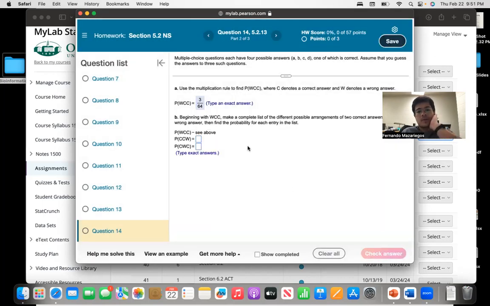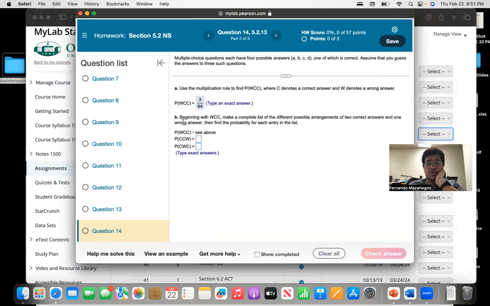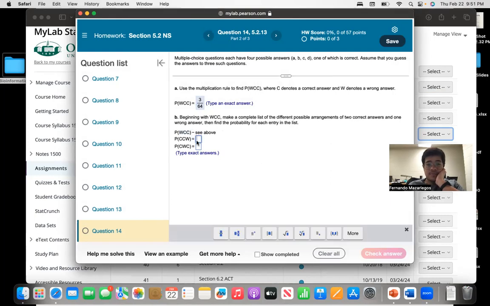Excellent. Beginning with WCC, make a complete list of the different possible arrangements of 2 correct answers and 1 wrong answer. Then find the probability for each entry in the list. So we have WCC, that is 3 over 64. CCW, same idea. We want to multiply these 3 probabilities. So the probability of getting a correct one is 1/4 times 1/4 times 3/4.